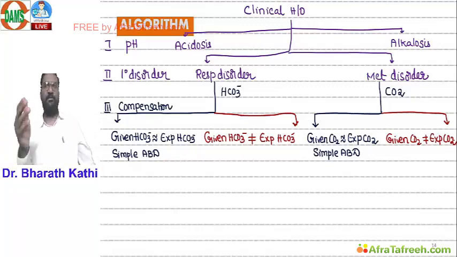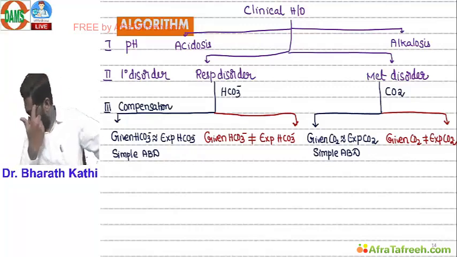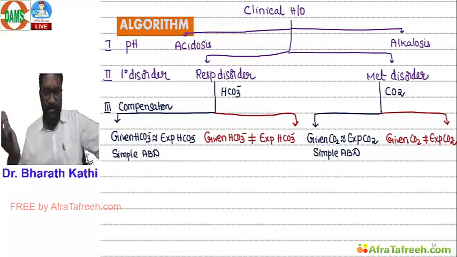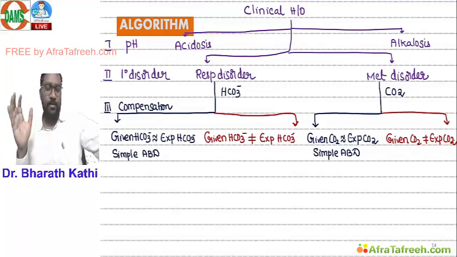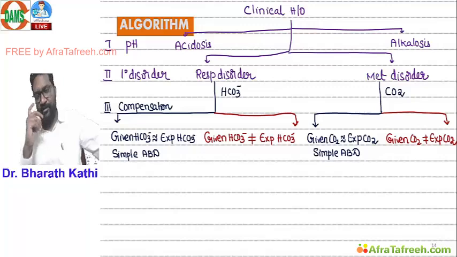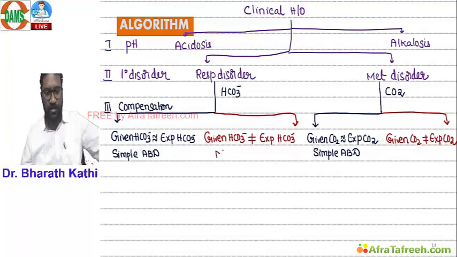Whenever clinical history is not known, previously we were using the terms decompensation, partial compensation, or overcompensation. But according to new edition of Harrison, when there is a clinical scenario, all these terms are not used. Now we use a single term called as mixed acid-base disorder.